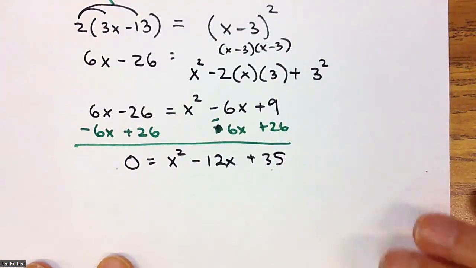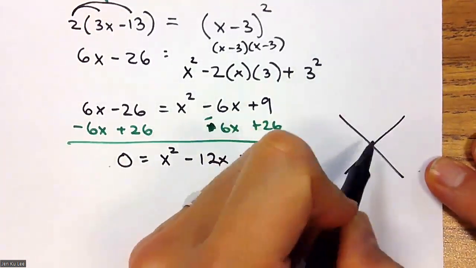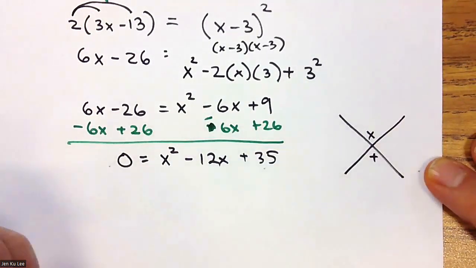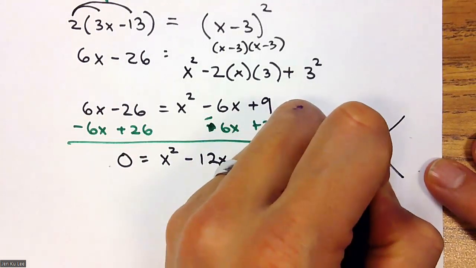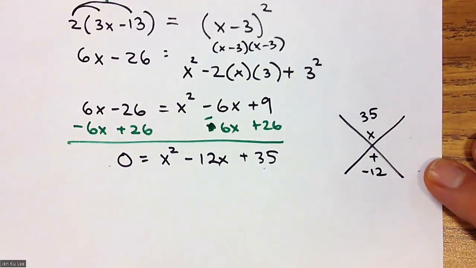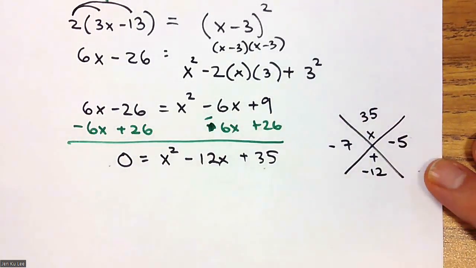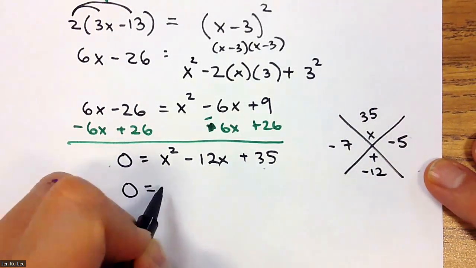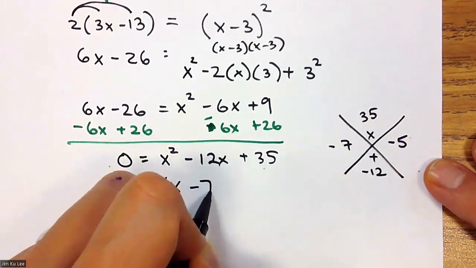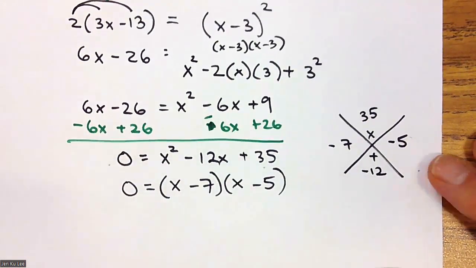Okay, I'm going to use the steps of factoring. Two numbers that have a product of 35 and a sum of negative 12. That's 7 and 5, but they're both negative. So that becomes x minus 7 times x minus 5 equals 0.